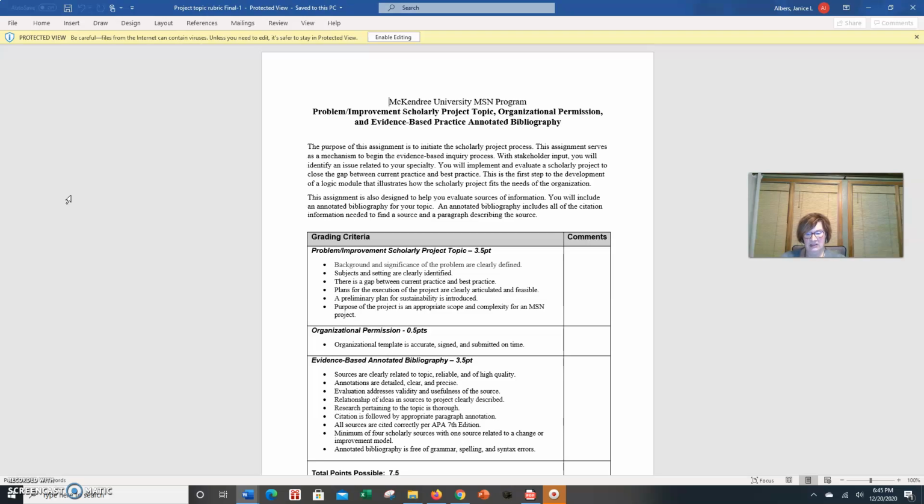You will actually have a citation for each one of your sources. And if you're still using the 6th edition of the APA manual, you can cite using the 6th edition, and make sure that you're diving into at least 4 scholarly sources about your particular area of focus, your particular problem that you're looking at.